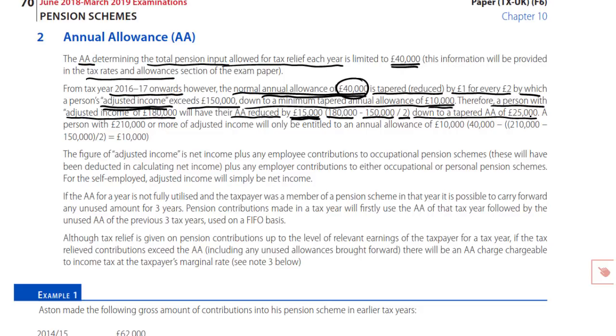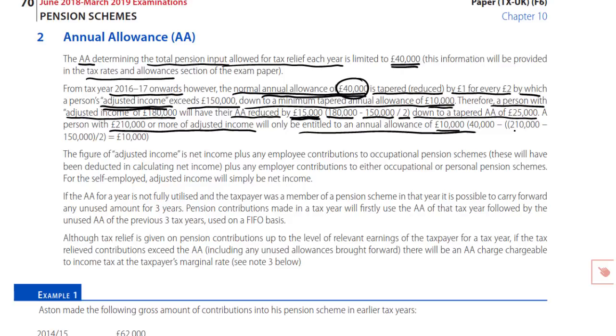If our person is fortunate enough as to have £210,000 or more of adjusted income, then don't bother going any further, the limit there will have been reached, so everyone will be entitled to the annual allowance of £10,000.